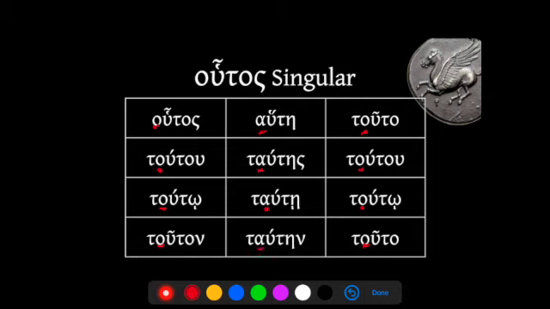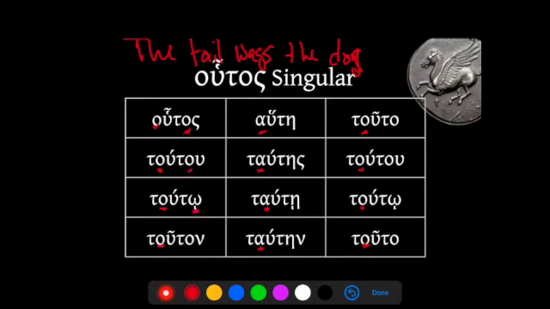And the rule that I want to give you is this rule, the tail wags the dog. And so if you can remember that, the tail wags the dog, basically what that means is whenever you have an O vowel in the ending, omega there in the dative plural.